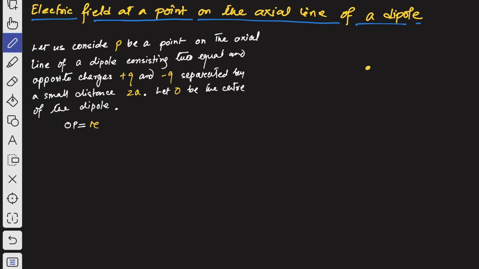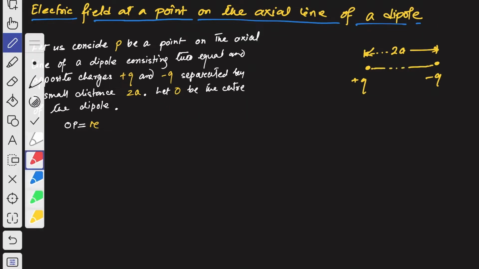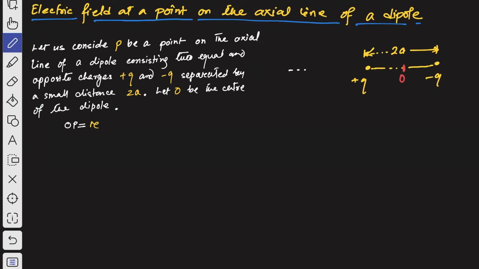Suppose we have a dipole consisting of a positive q charge and a negative q charge, separated by a distance, sorry, not r, it's twice a. The center of this dipole is suppose O.